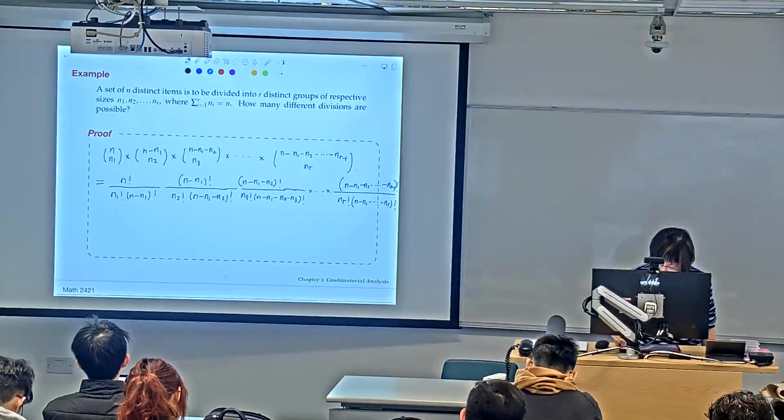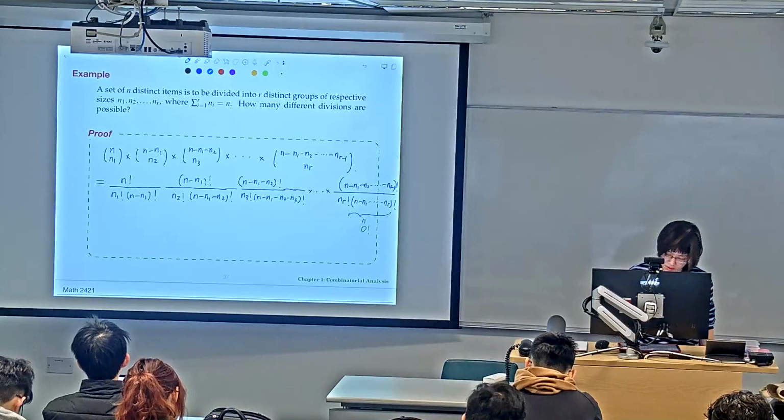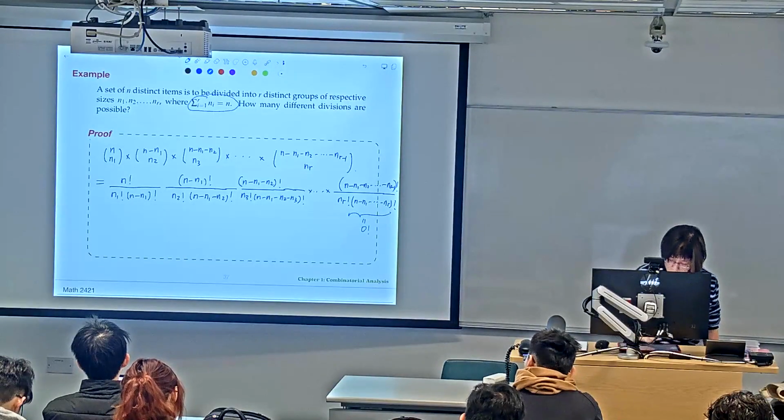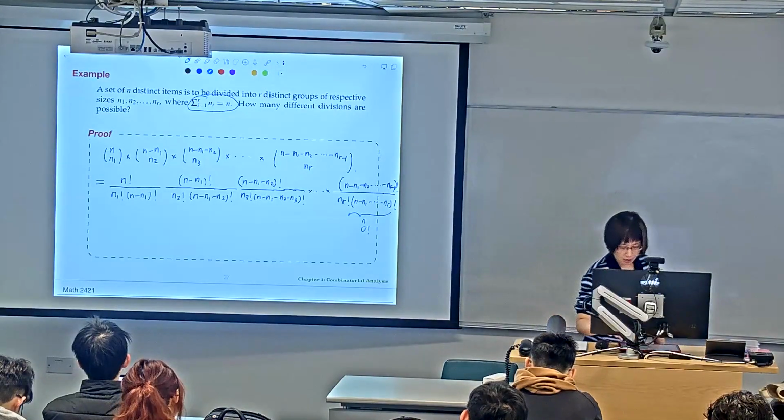This actually equals 0 factorial, because we know that the sum of n1 up to nr equals n.